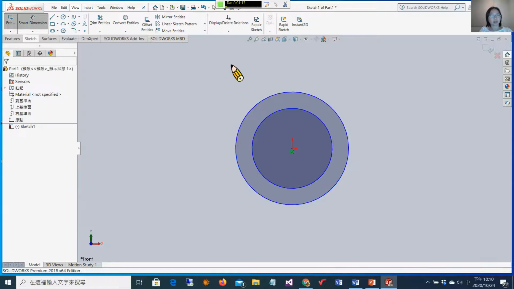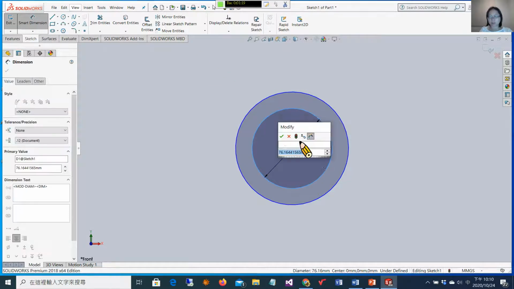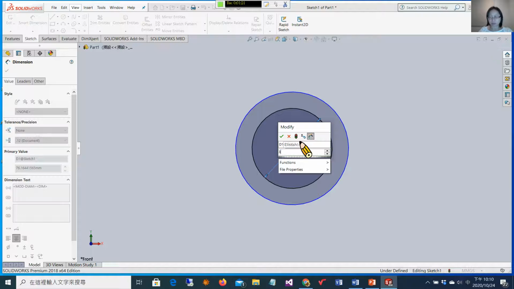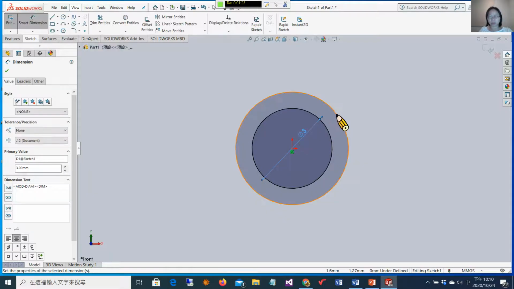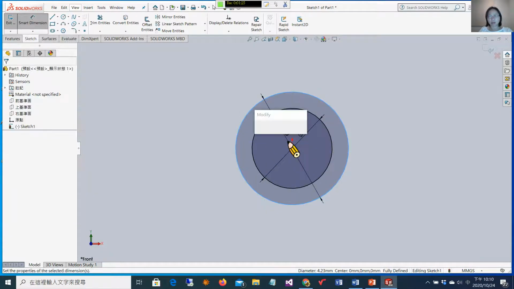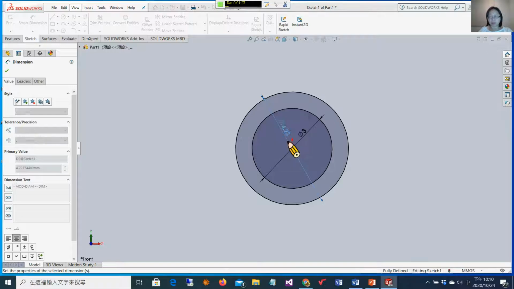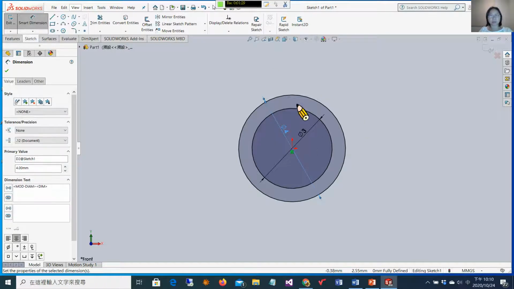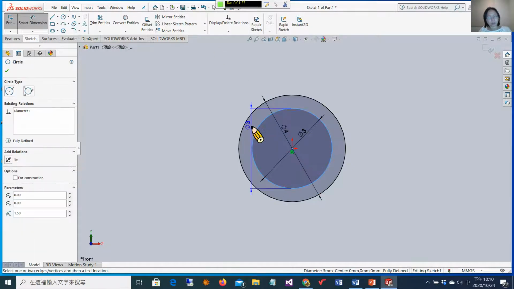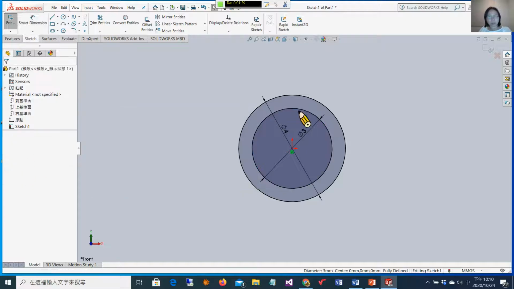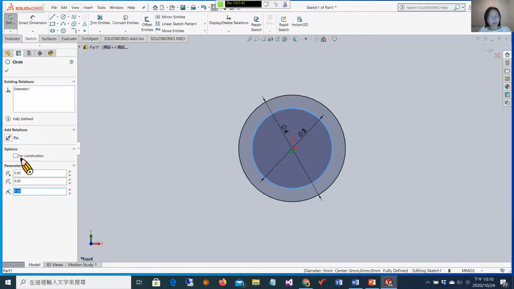I give the dimensions, 3 inches and 4 inches. Then I change both circles to construction lines.